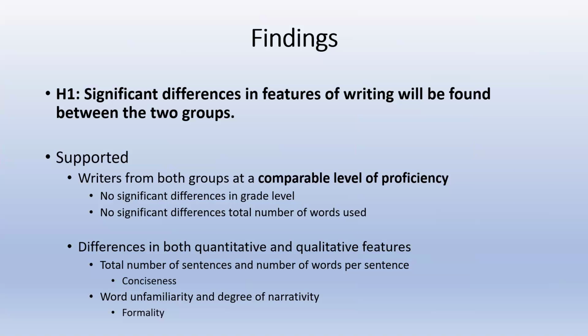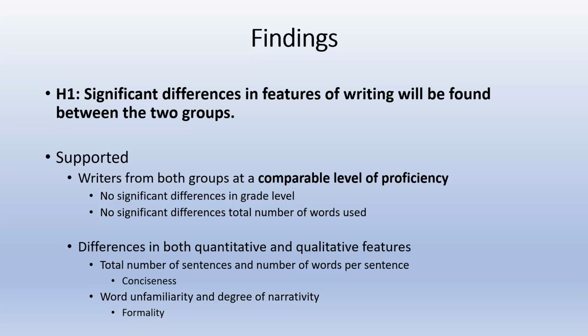So going back to our hypotheses, our first hypothesis was that significant differences in the features of writing will be found between these two groups. And as we saw from the table before, this was supported. Writers from both groups were, of course, as we already stated, of comparable proficiency, as there were no significant differences in the grade level or total number of words used.